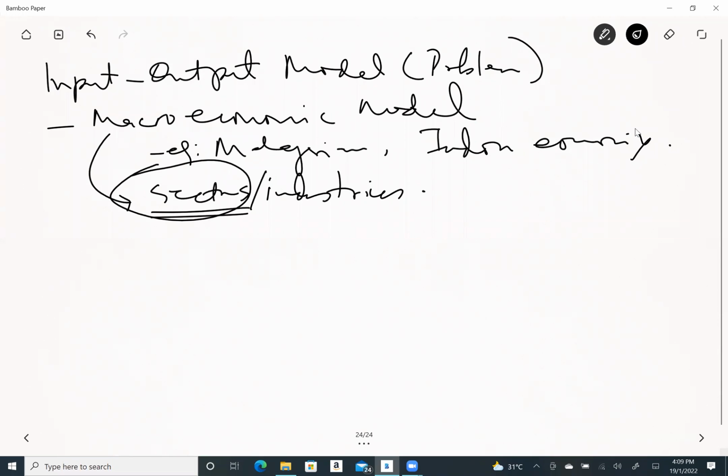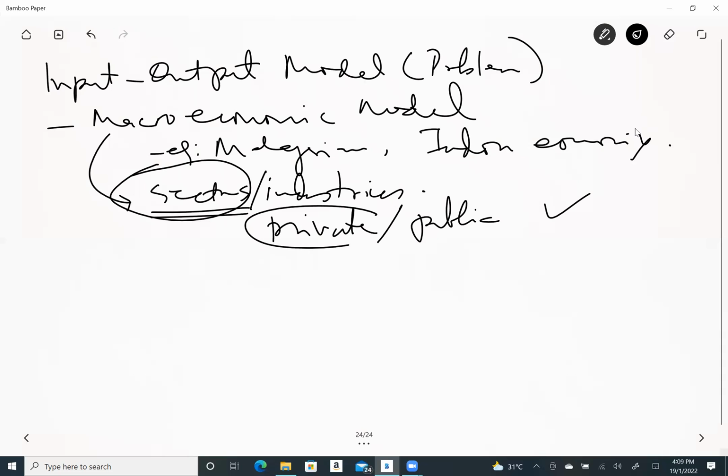Okay, that's a good idea, but for now, we just want to look at the businesses, the companies, the firms. We categorize them into sectors, not into private and public.